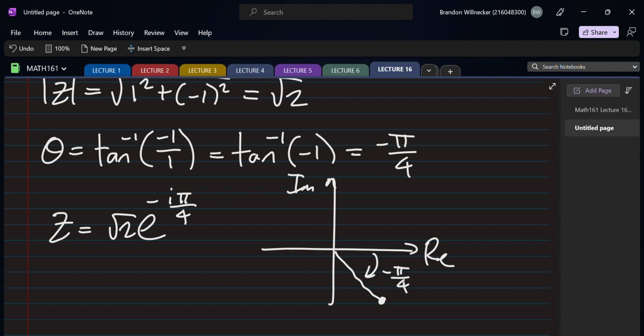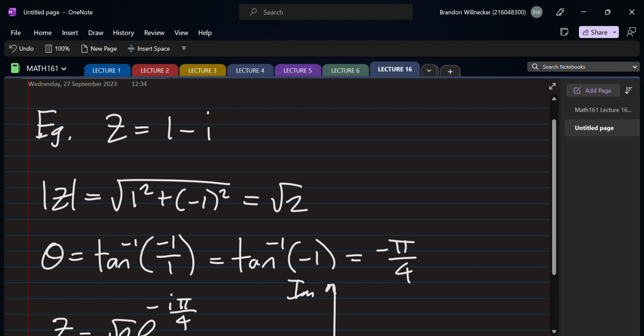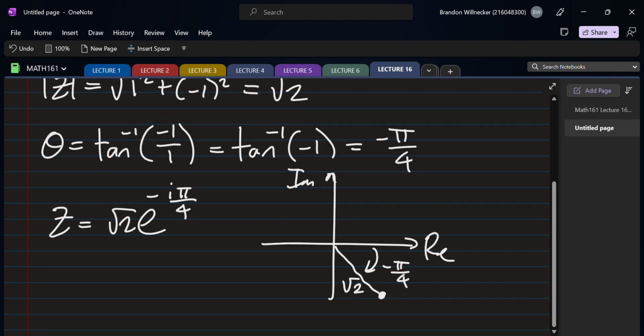Negative angles, they go clockwise. And this distance is root 2. And this makes sense, because if we look at the original number, 1 minus i means 1 along the real line, minus i means we go down, and that's exactly what we've got there. Okay, so that's just a quick check to see if that's right.